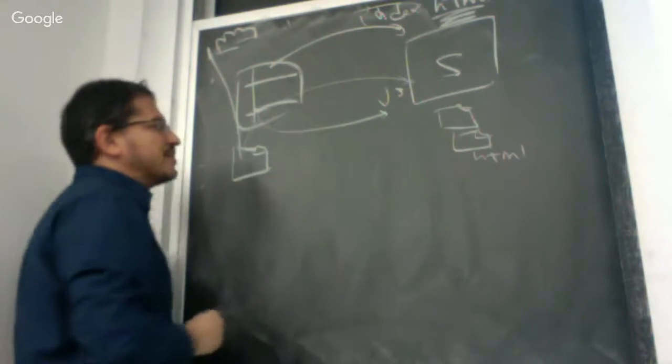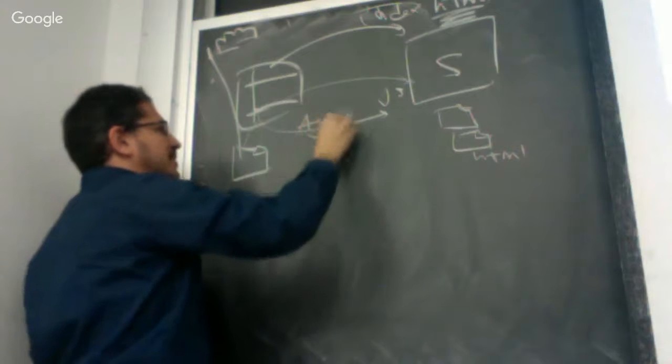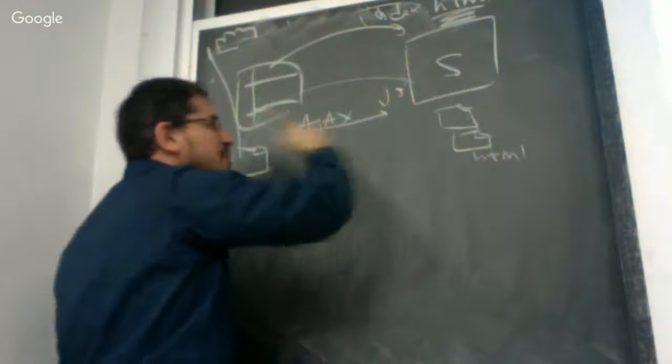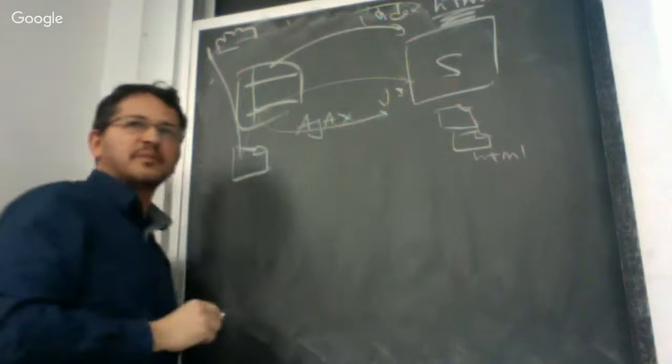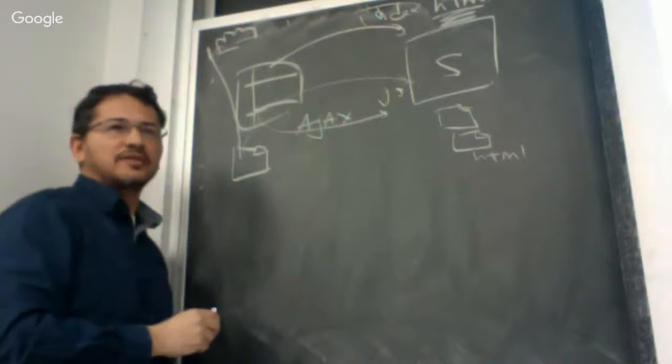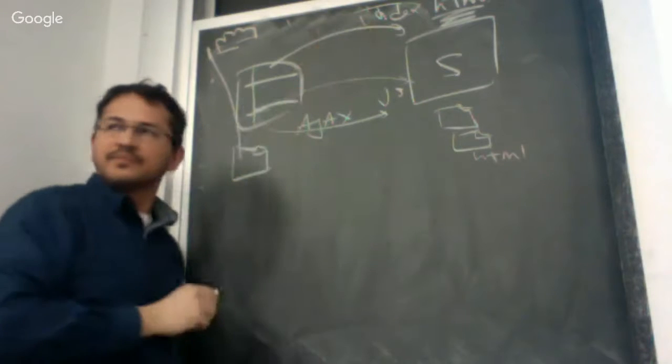So Ajax is a technology that allows us, under the covers, without submitting the entire page, to communicate with the server programmatically and ask for content, ask for data.